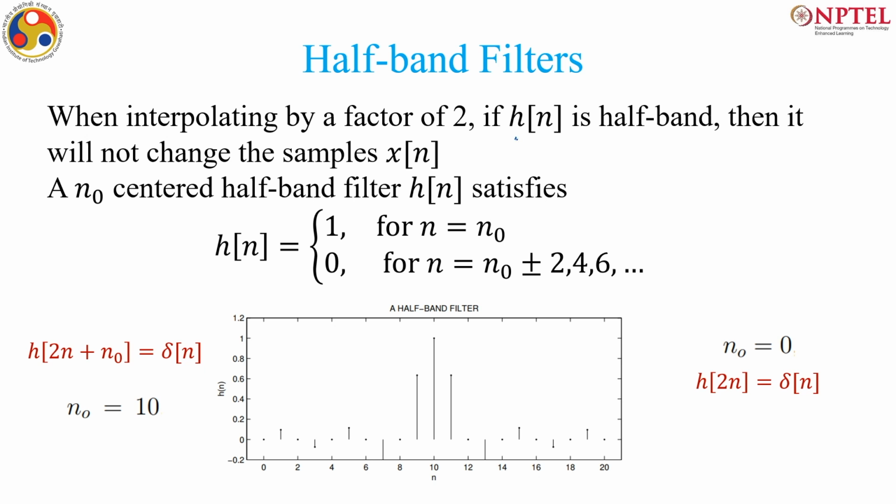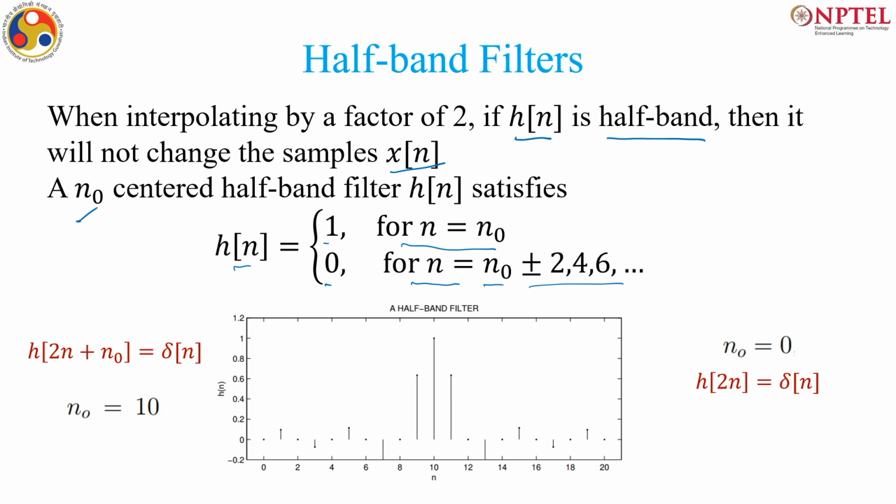This filter h of n will be a half band filter if it will not change the samples of x of n. If it is centered at n naught, the criterion should be that h of n is 1 for n equals n naught and 0 for n equals n naught plus all the even indices of n.